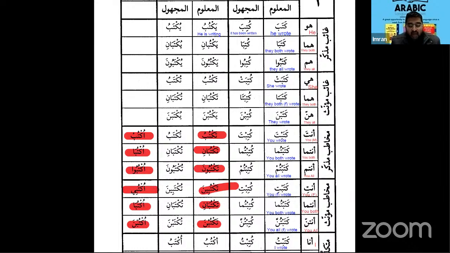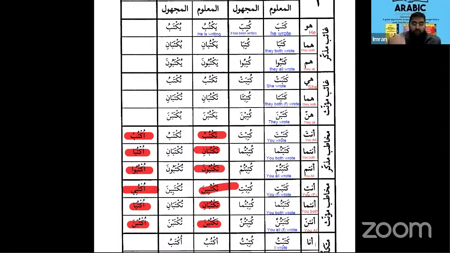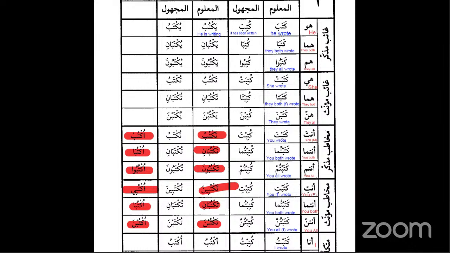Look at the first example, Kataba Muhammadun Risalatan. Muhammad wrote a letter, so Risalatan has a Fatha Tanween. When you change it to passive tense, the harakat of Muhammad is transferred to the word risala. So it becomes risalatun. Is that clear now?